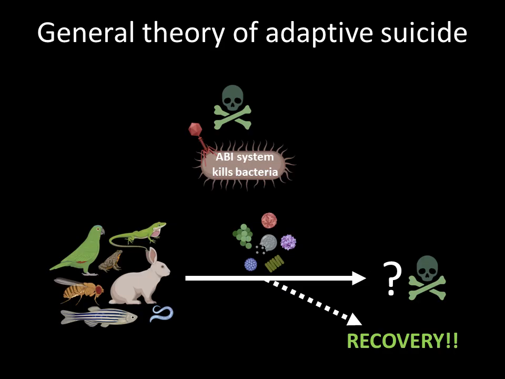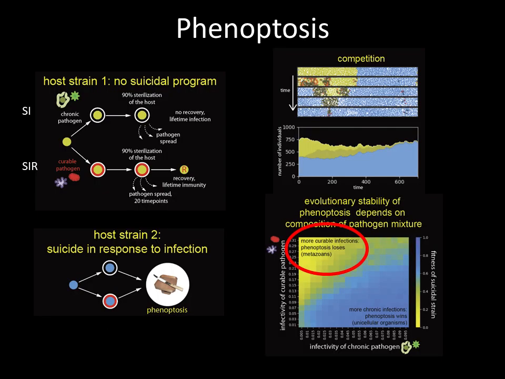Now, coming back to the question, why don't we kill ourselves like bacteria? Because it also seemed to be a nice strategy. So we think that the answer is that we have evolved a very nice immune system that can clear almost every pathogen from our populations.